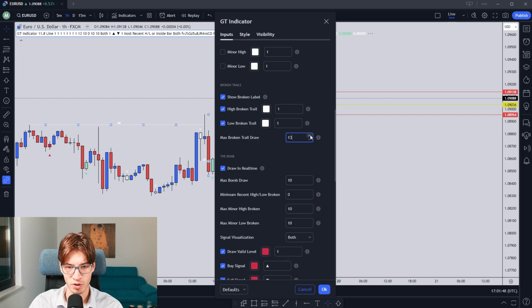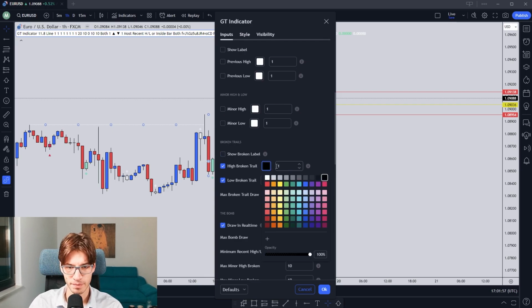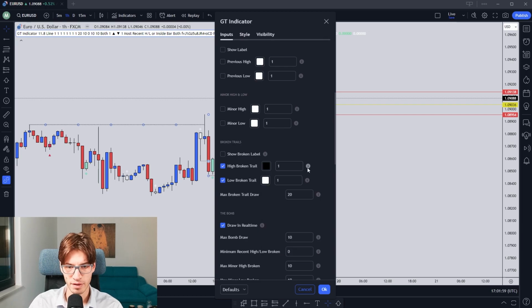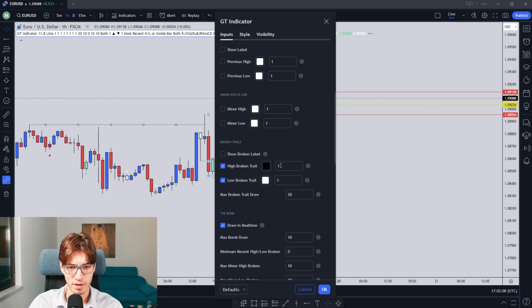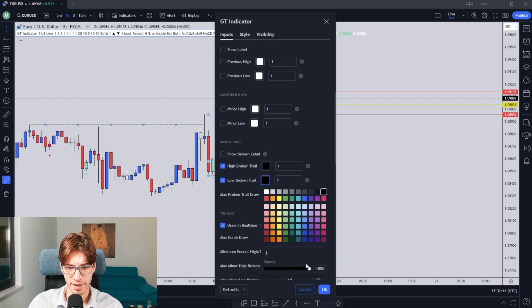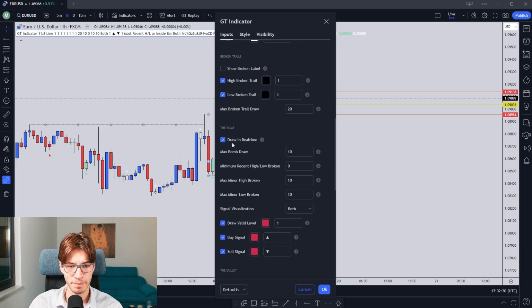And max broken trails I use 20. And for the colors as well, I don't use the broken label, but for the colors I use black. And for the style, basically I just put the opacity to around 70%, I believe. Okay, 70. Low as well, black. 70, and it's a dotted line. It's a dotted line. And max broken trail draw, I use number 20.